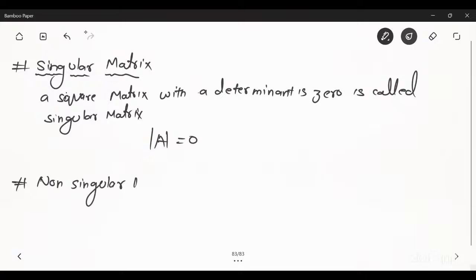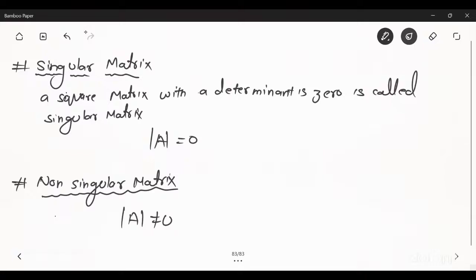Simply, you can write: whose determinant is not 0 is known as a non-singular matrix, and whose determinant equals 0 is known as a singular matrix.